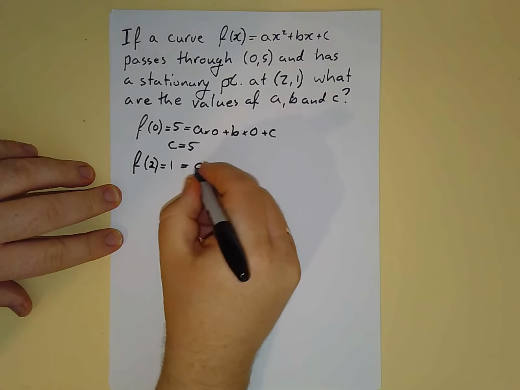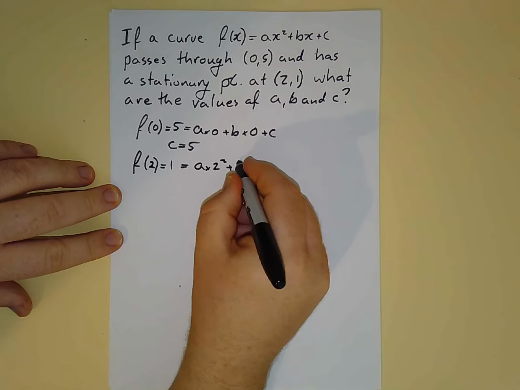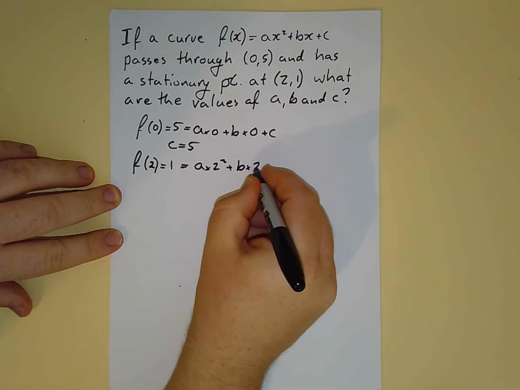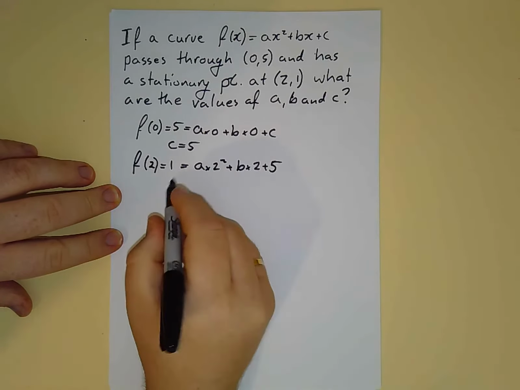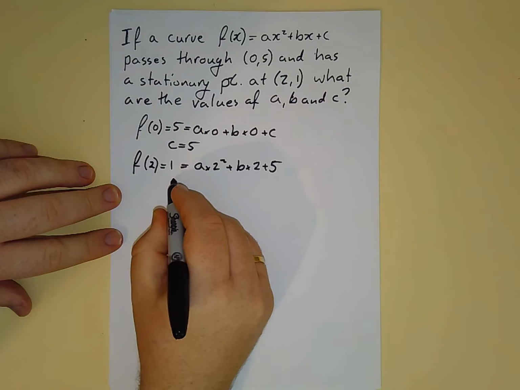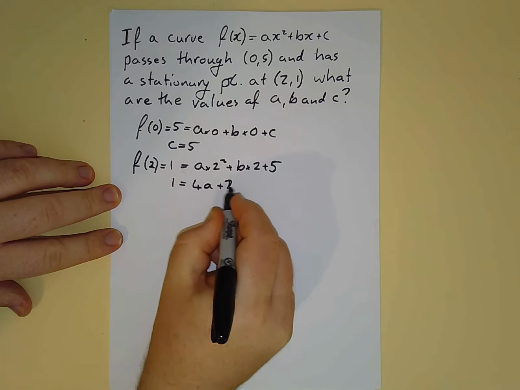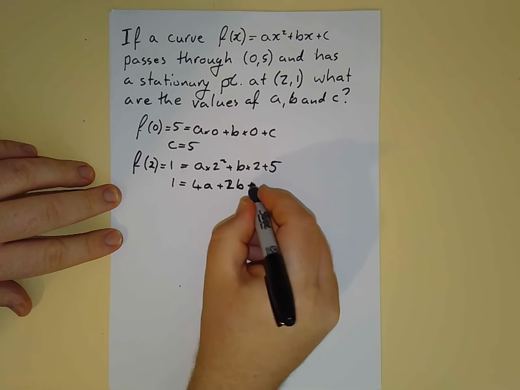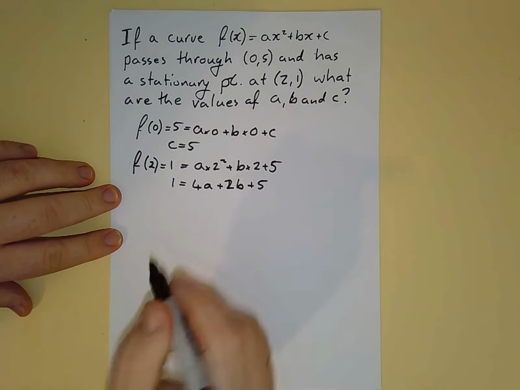And this one we've got a times 2 squared plus b times 2 plus my c, which I've just worked out as 5. And a little bit of rearranging, I'm going to have 1 equals 4a plus 2b plus 5. We'll leave it there for now. Come back to it in a moment.